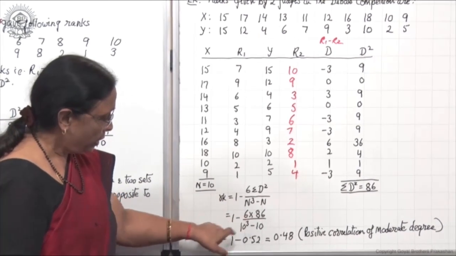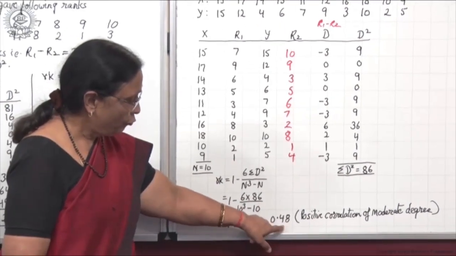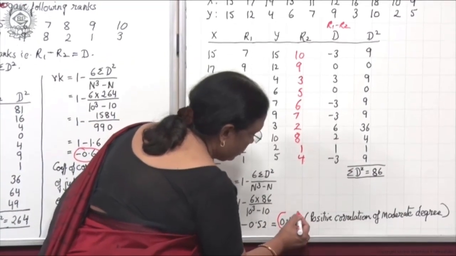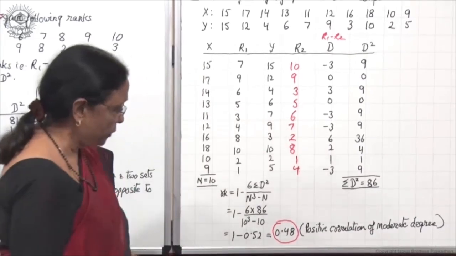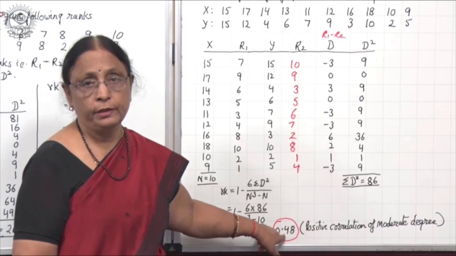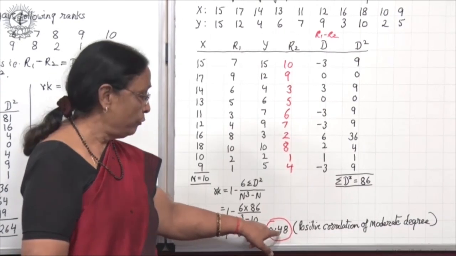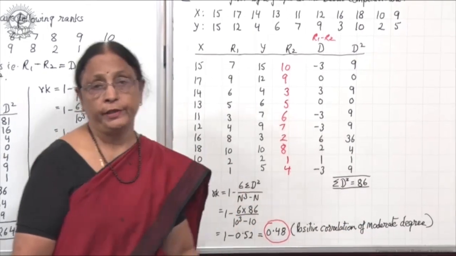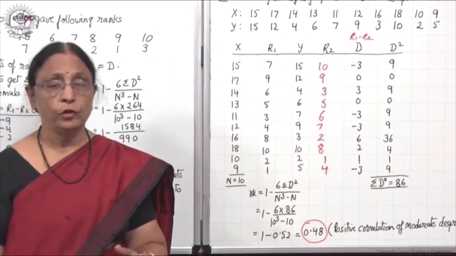Simplify this and you get 0.48. Now this is the answer showing the coefficient of rank correlation, and the answer is positive 0.48, that means plus 0.48. So it shows positive correlation of moderate degree, neither very high nor very low.